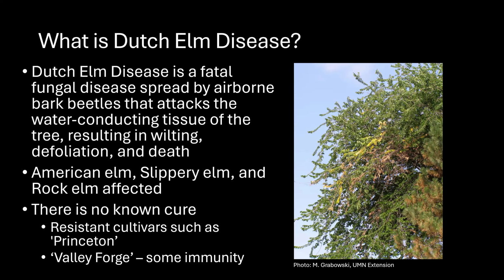And because there are elms found across the world, there are Asiatic elms that actually have higher resistance levels to this disease, which is very similar to chestnut. The American chestnut, which we'll talk about, is prone to chestnut blight, but the Chinese chestnut is not quite as prone to it. So it's kind of the same here with the elms. American elms are prone to it, but the Asiatic elms have a little bit higher resistance.